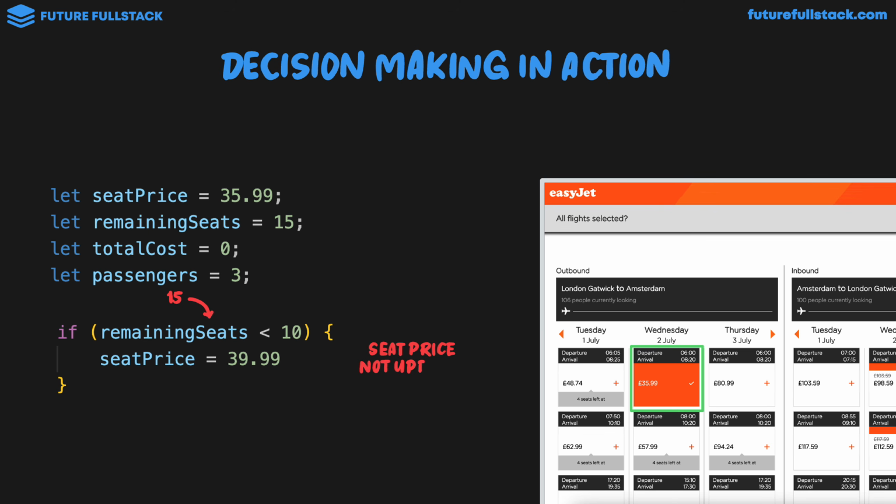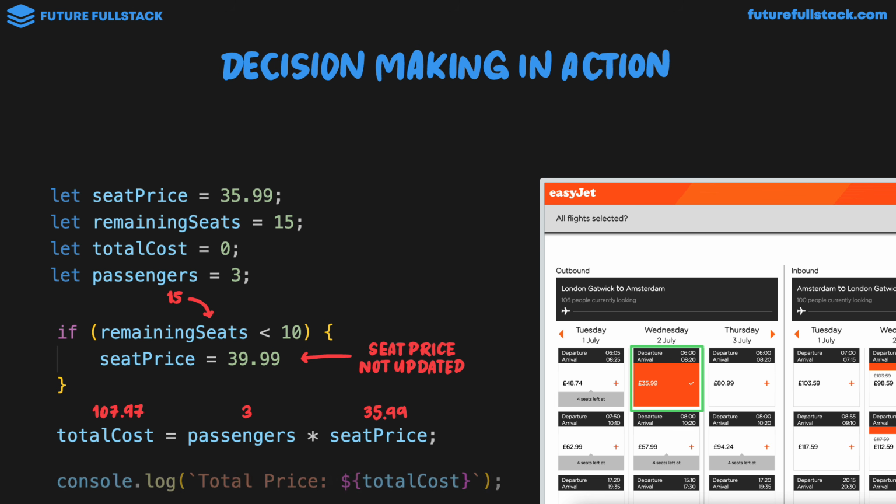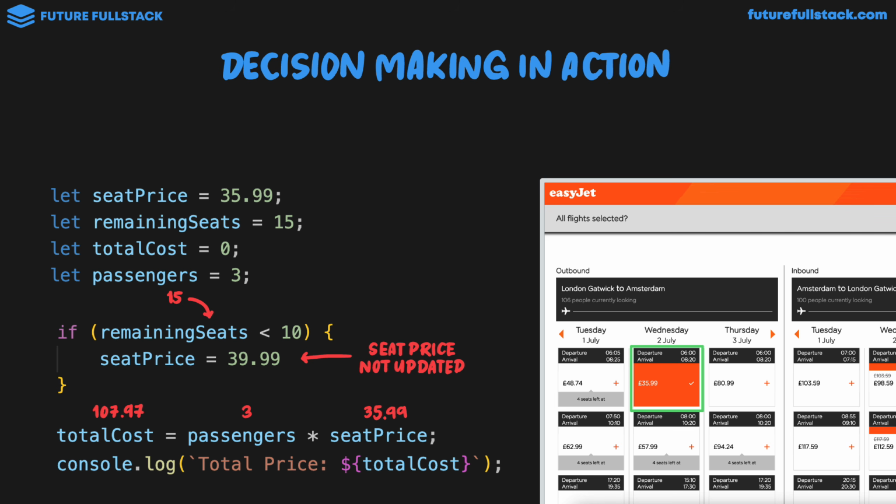So the seat price is not updated. The total cost of the outbound fare would then be the number of passengers multiplied by the seat price. There's 3 passengers, and our seat price is just the base fare of $35.99, which gives us a total cost of $107.97. We could then output this value to the console using our template literals.